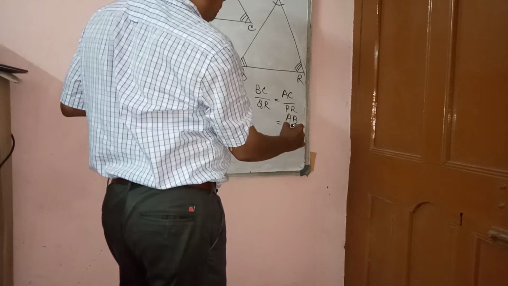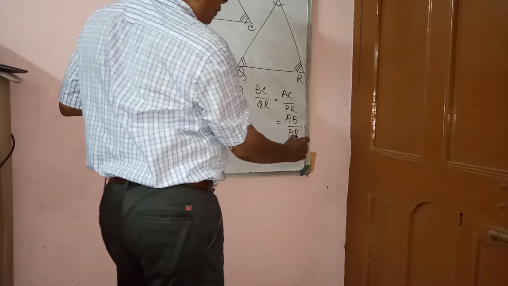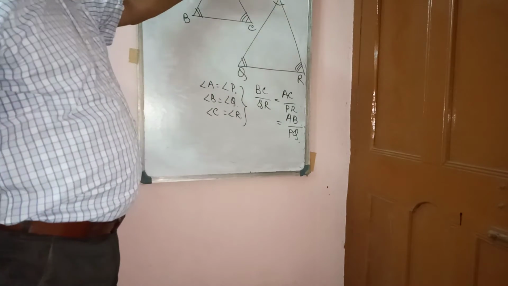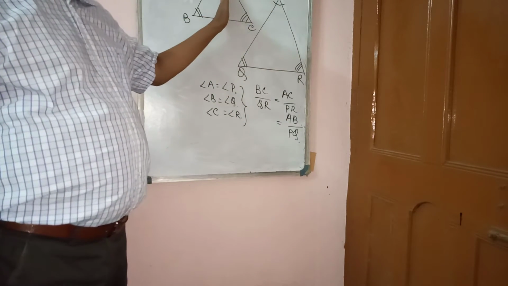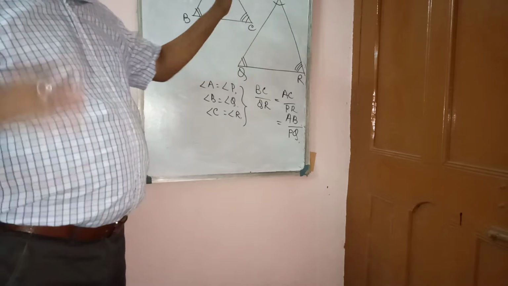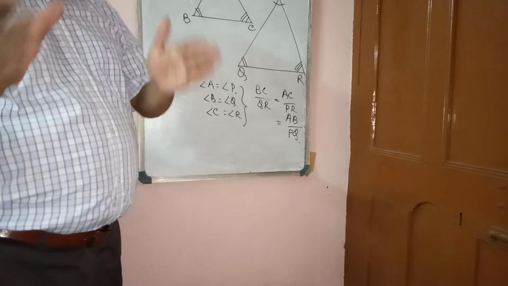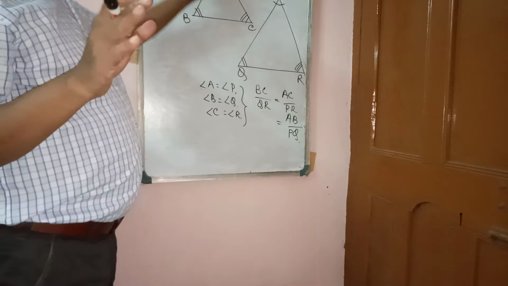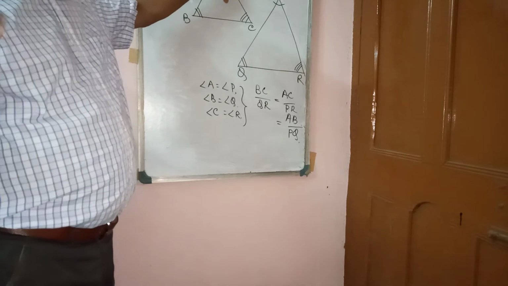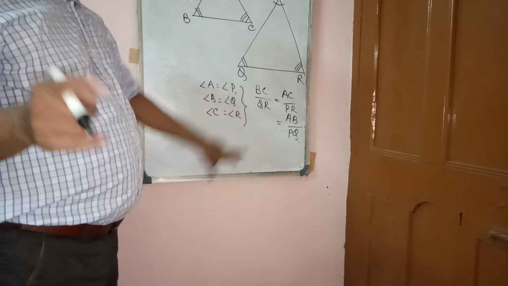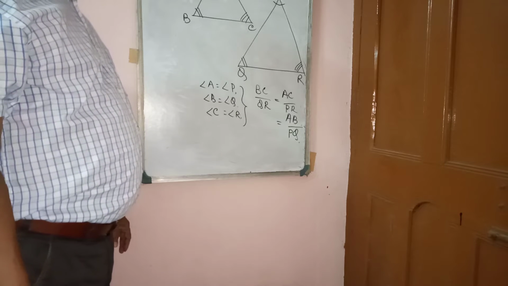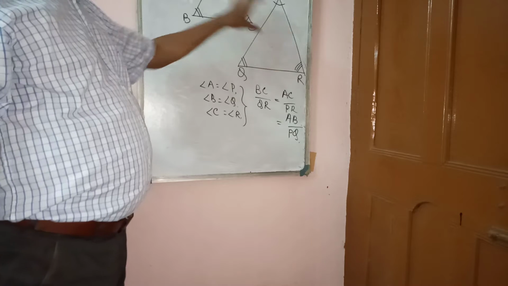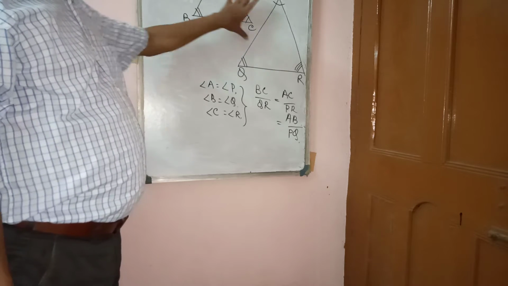Angle R, PQ. Okay. Here the two triangles are similar, the condition given is angle similarity. So corresponding sides are proportional. So writing BC by QR equal to AC by PR equal to AB by PQ.